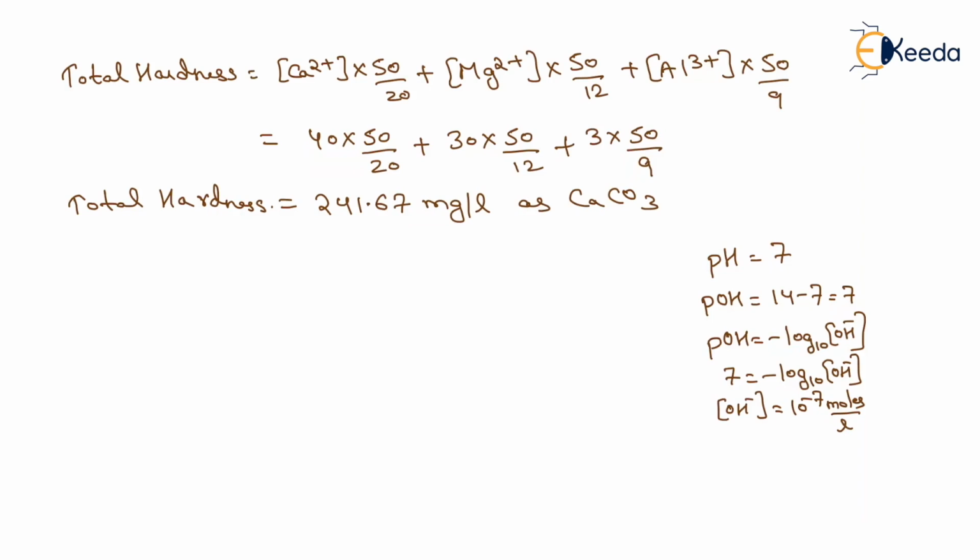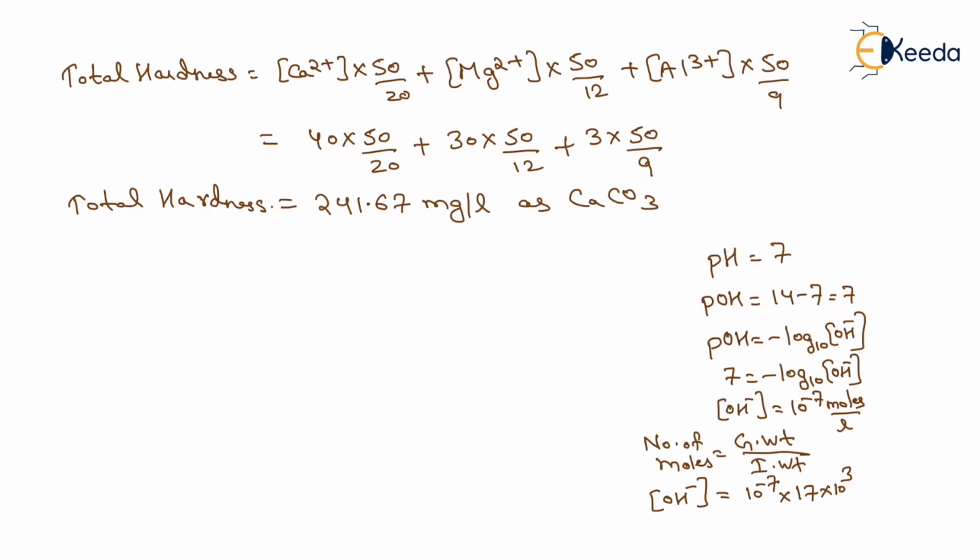Now we need to determine the concentration of OH- in terms of milligram per liter. For the conversion to milligram per liter, we know the formula: number of moles is equal to given weight divided by ionic weight. We want the concentration of OH- in terms of given weight as milligram per liter, so we multiply the number of moles, 10 to the power minus 7, by the ionic weight, which is 17 gram, and since we want the answer in milligram, we multiply by 10 to the power 3.